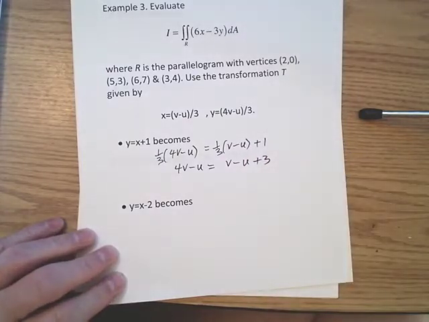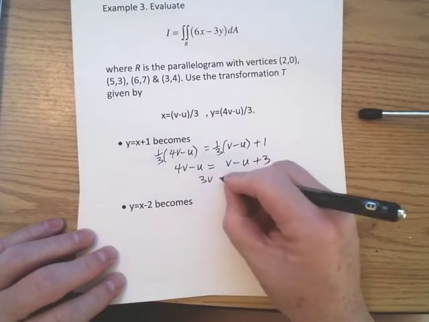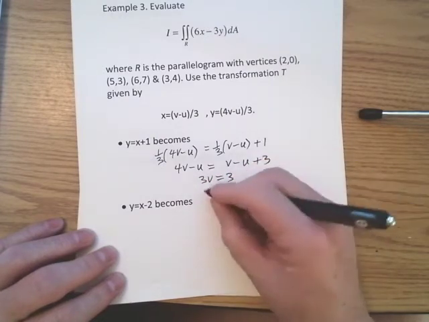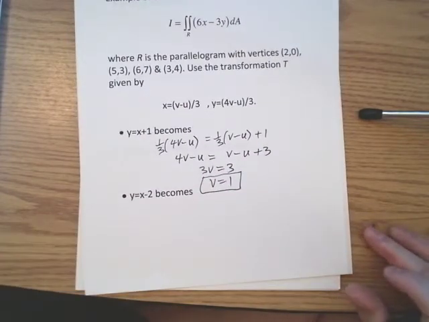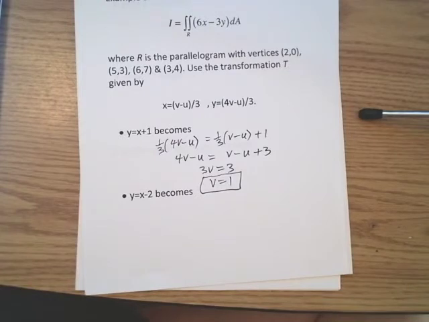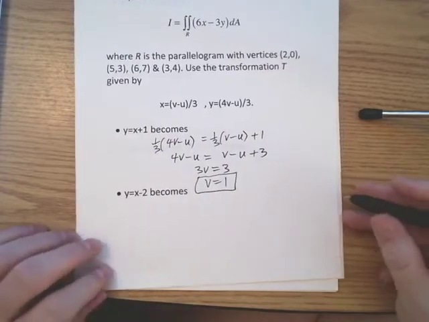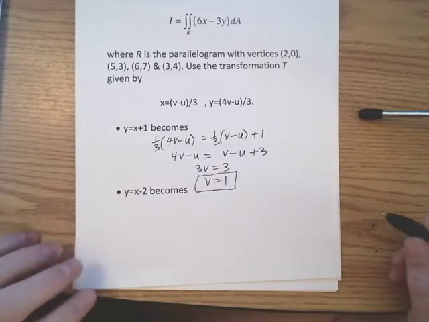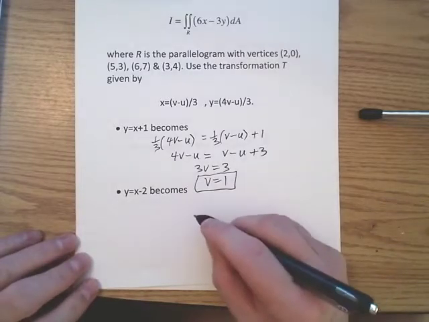We can knock the u's out and get 3v equals 3, so this is the set of all points (u, v) in the uv plane such that v equals 1. That would be a horizontal line in the uv plane if we use u as the horizontal and v as the vertical.